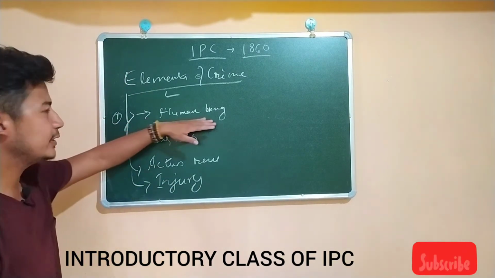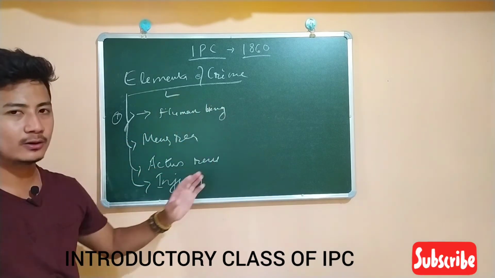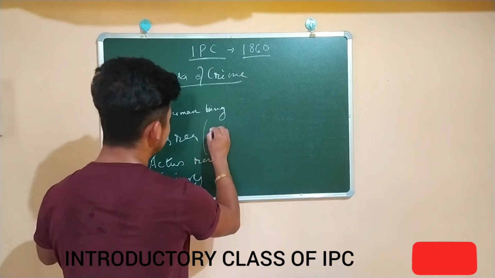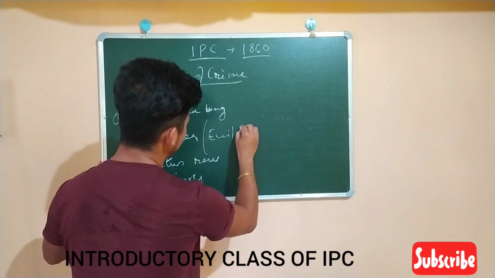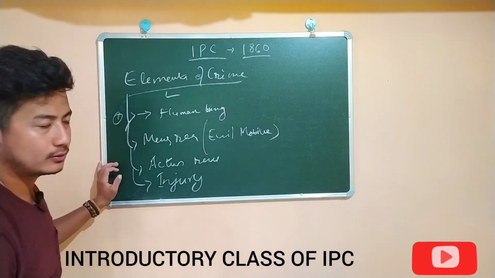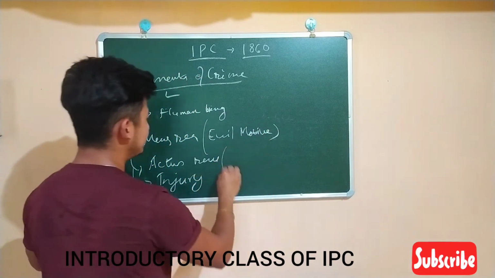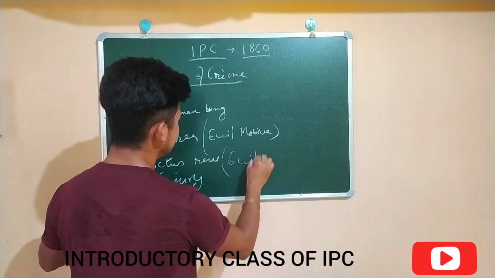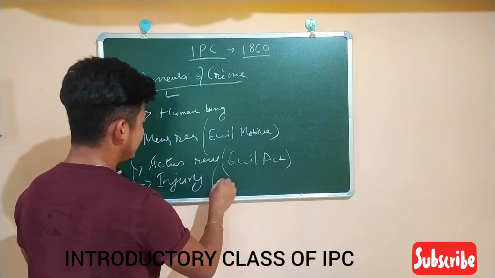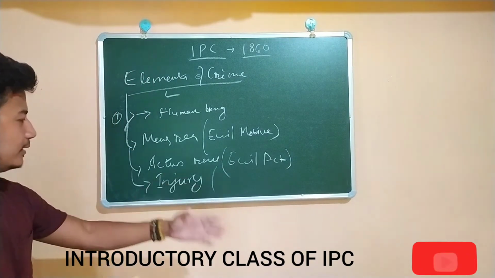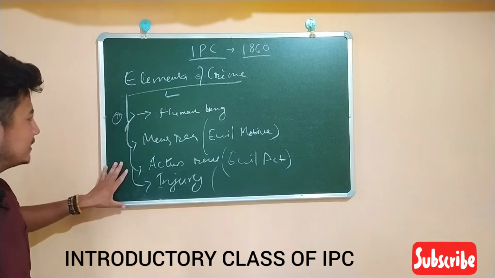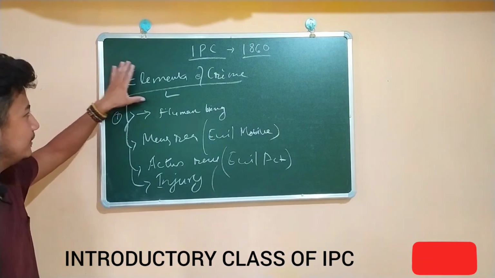Number one, there should be a human being who has either committed or who has suffered. Number two, there should be a mens rea. Mens rea means evil intention, evil motive, or wrongful intention, and actus reus means evil act. And injury means there should be a person who will suffer the injury. So these are the four essential elements of crime.